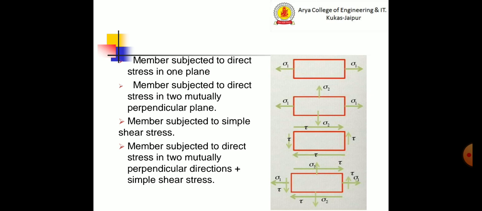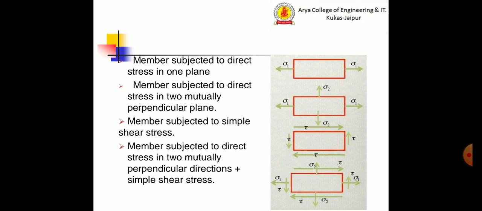Because of this, on the opposite surface, to balance this shear stress, an opposite and equal shear stress will generate, and this will make a couple, and for equilibrium there will be a couple in the opposite direction to resist this couple. So on all faces the shear stress will generate.